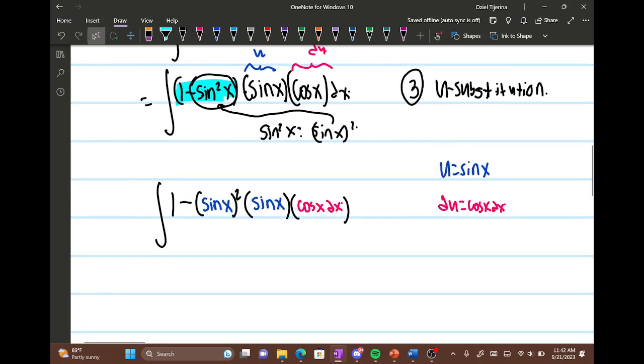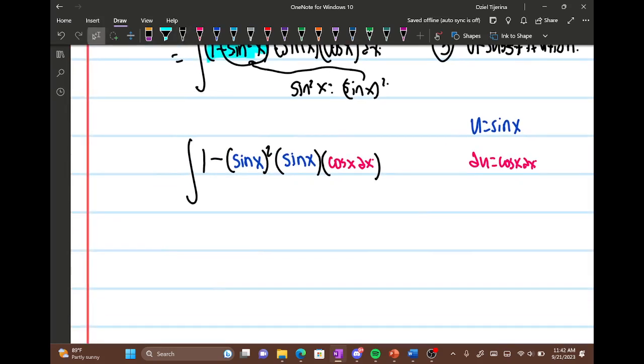If we substitute, we have the integral of 1 minus u squared, times u, then du.